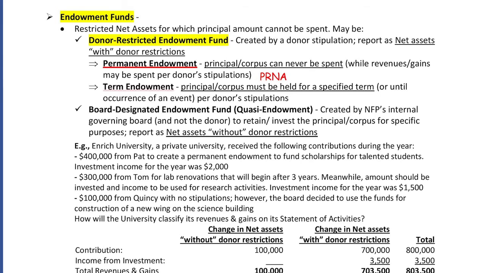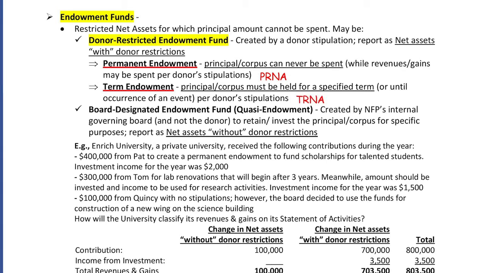Underline term endowment, where the principal or corpus must be held for a specified term or until the occurrence of an event as per donor's stipulation. So these are temporarily restricted. So write TRNA.